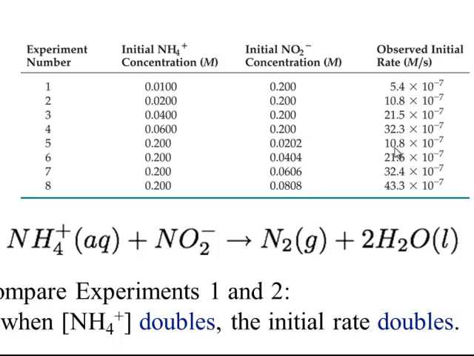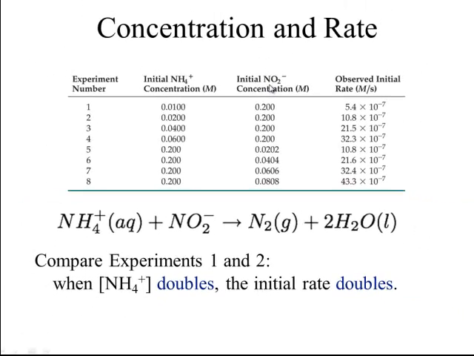The rate of the reaction has also doubled from 10.8 into 10 to the power minus 7 to 21.6 into 10 to the power minus 7. This again indicates that the order of the reaction with respect to nitrite ions is also 1. And hence, the overall order of the reaction will obviously be 1 plus 1, which is equal to 2.